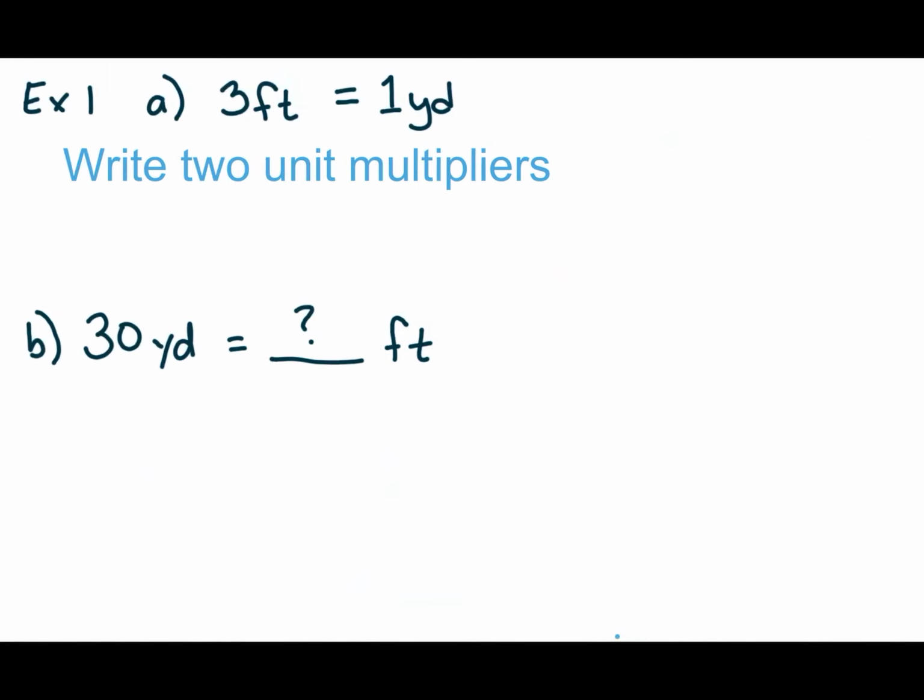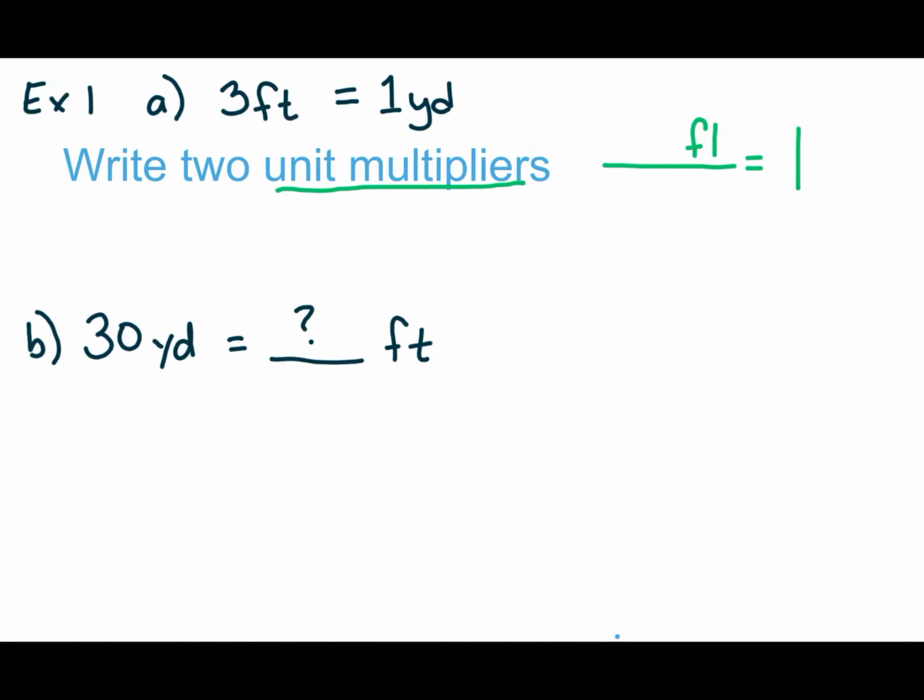Now let's look at example 1. Example 1A says write two unit multipliers using these equivalent measures: 3 feet equals 1 yard. Remember that a unit multiplier is a fraction equal to 1 with two different units in the numerator and the denominator.